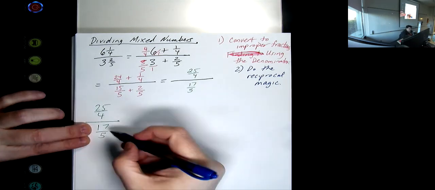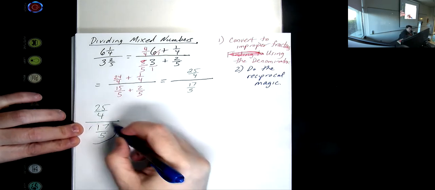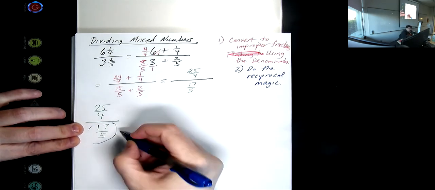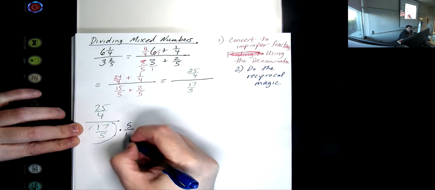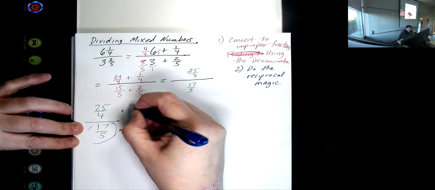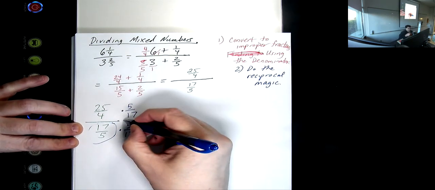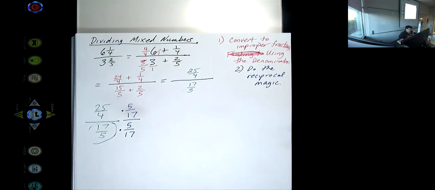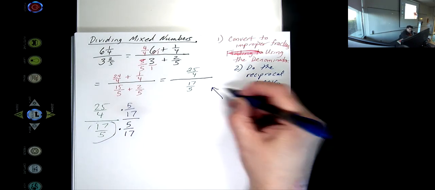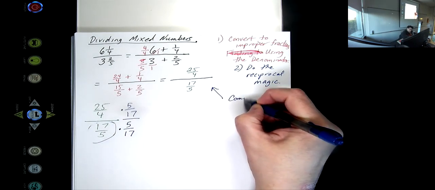This is what I'm dividing by, the 17/5. So I'm going to flip that over and multiply it by 5/17, and I'm going to do this on top and bottom. This is the easier way to do it when you have it in this giant complex fraction. This is when you have fractions within fractions. This is called a complex fraction.